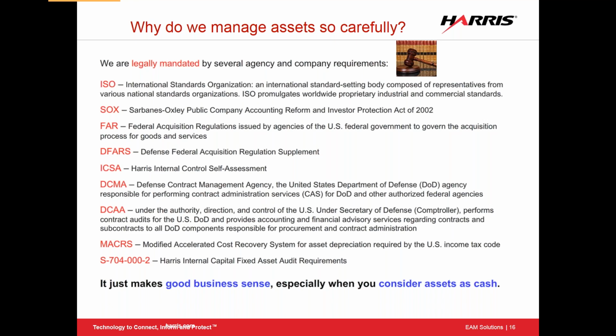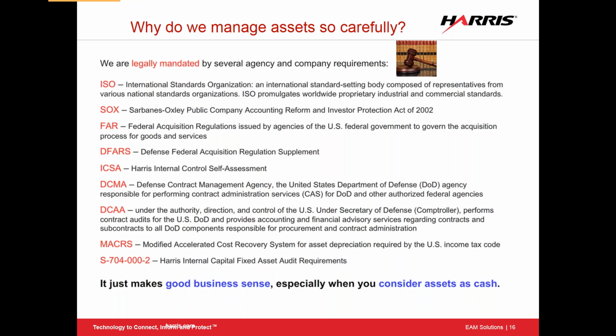And of course, the FAR, DFARS, ICSA, our internal self-assessment, DCMA, DCAA. So all these different agencies, depending on what type of work you're doing for the customer, whether it's commercial or government, these have all been instituted for various reasons: for quality control, for safety, cost control, cost management.